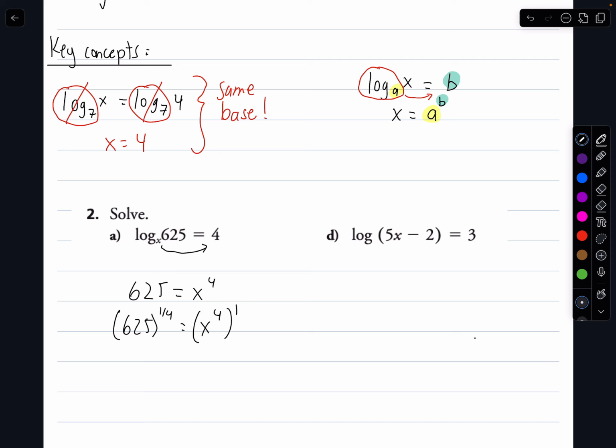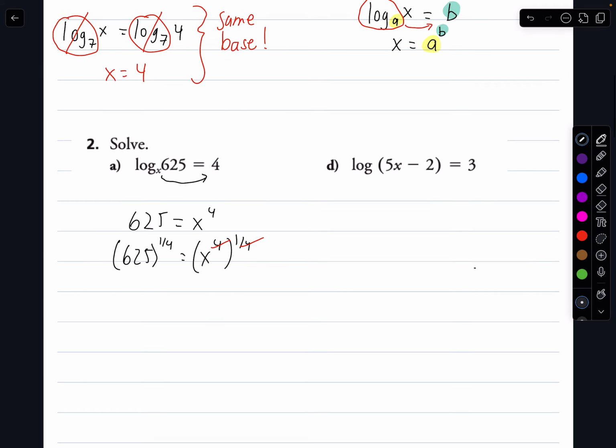I want to get rid of that exponent so I'm just left with x. But whatever I do to the right side, I have to do to the left side. So 625 to the power of 1 over 4 is the same thing as the fourth root of 625, which is 5. That's just putting it in your calculator and getting the answer.